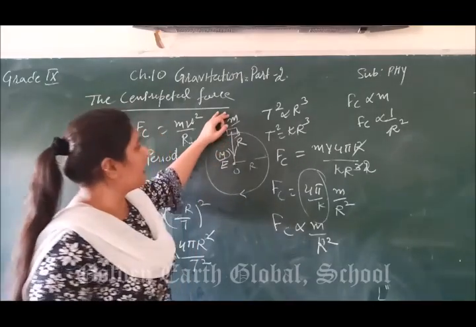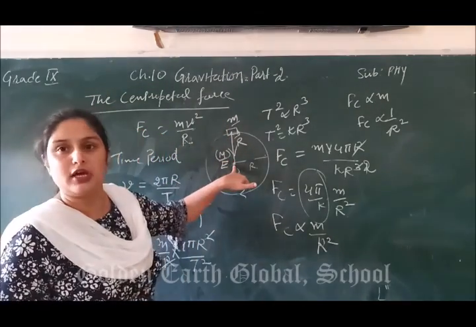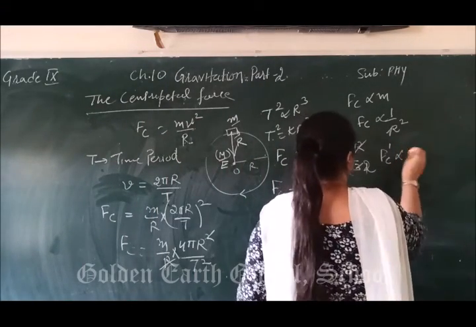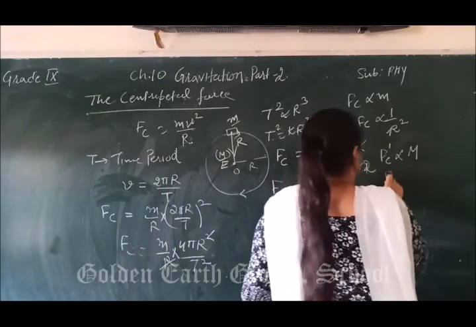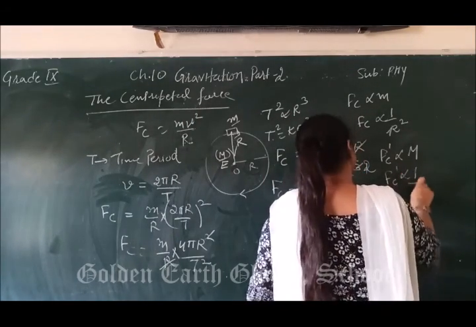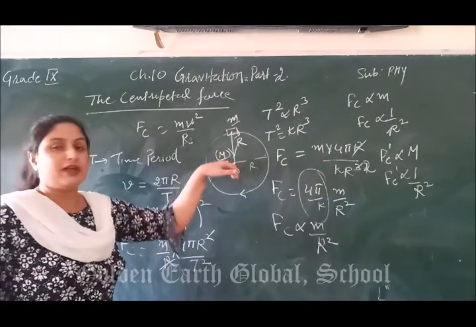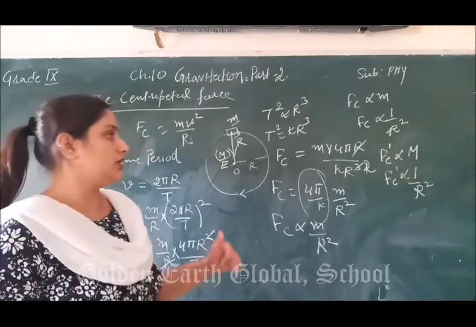This is the force acting on the moon. If you are talking about the force acting on the earth, similarly that will be proportional to the mass of the earth, that is capital M, and inversely proportional to the square of the distance between these two, or the square of the radius of the orbit in which the moon is revolving around the earth.